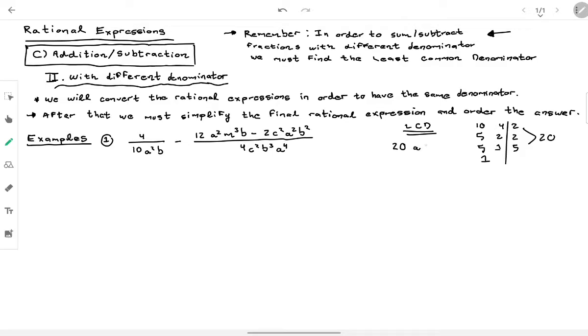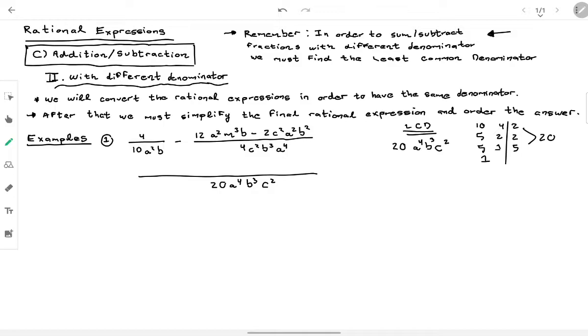So it's going to be A, B, and C. And we need to put the highest powers of those letters. So it's going to be A to the 4, B to the third, and C squared. That means we will transform our fractions to have the same denominator, which is going to be 20 A to the 4 B cubed C squared.